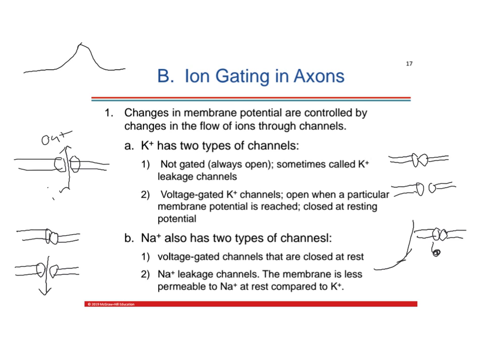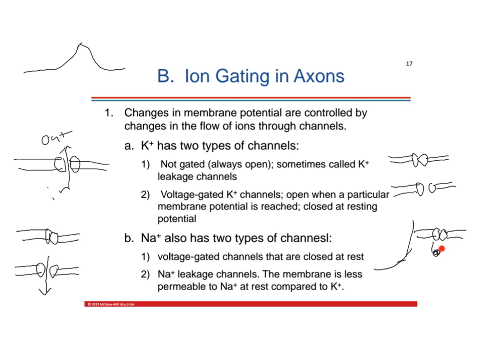Now, when the cell is at rest, that second gate, this ball and chain, can essentially move and clog the pore. So it can block it, right? So the channel is going to be closed if the original gate, the activation gate, is closed.